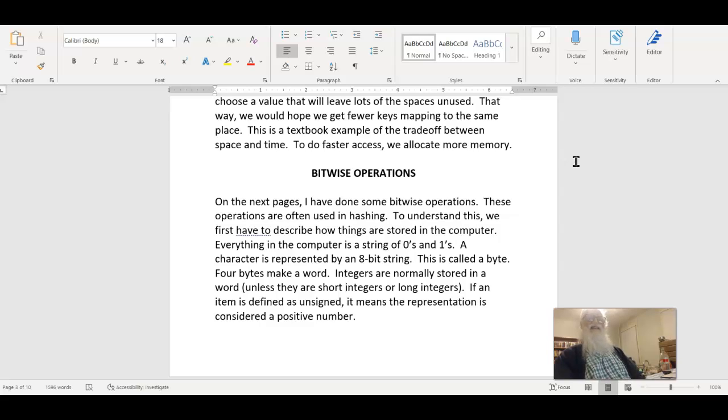We also have a concept called a word in computer memory, and a word is 4 bytes. So since we have 8 bits in a byte and 4 bytes in a word, we have 32 bits in a word. 4 bytes are usually used to represent an integer, unless we try to save space by declaring short integers, or unless we have large integers and we make them long.